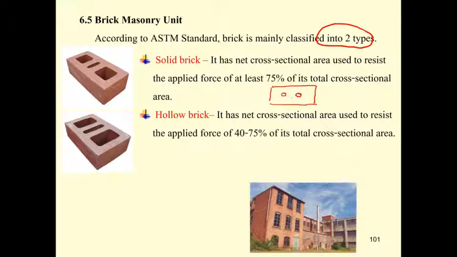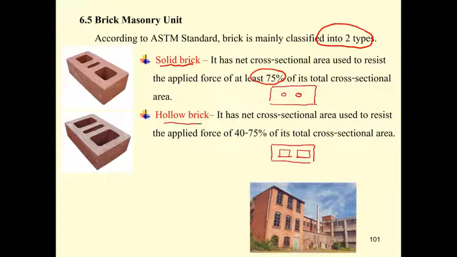So if the brick has at least 70% of its total area taking the force, that's called solid brick. And if you have a brick that has a lot of voids in it, like this, it's called hollow brick.